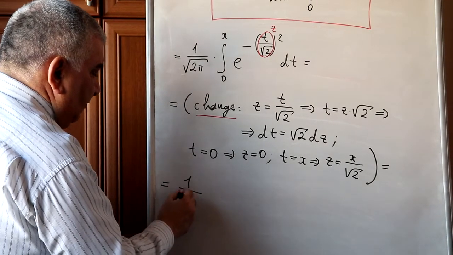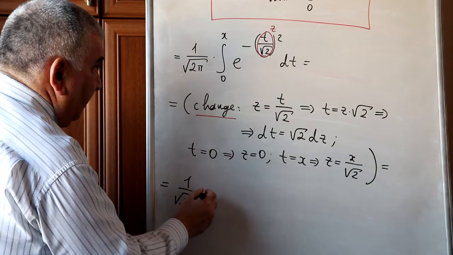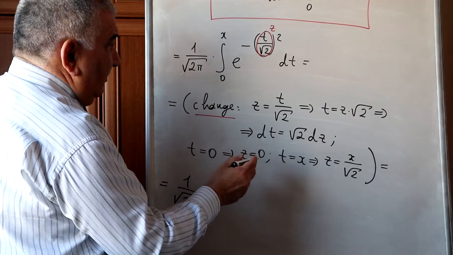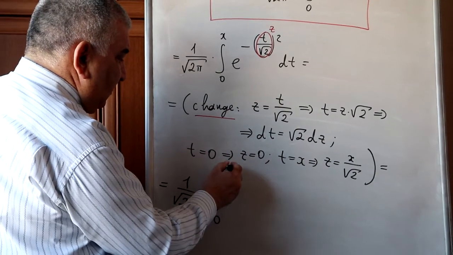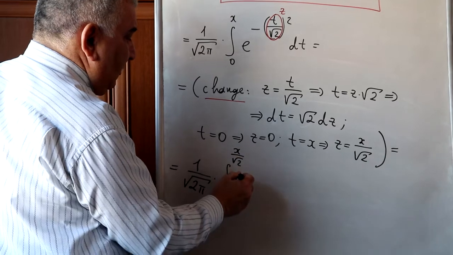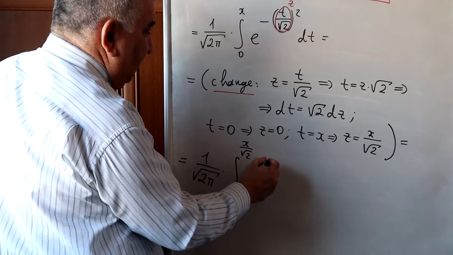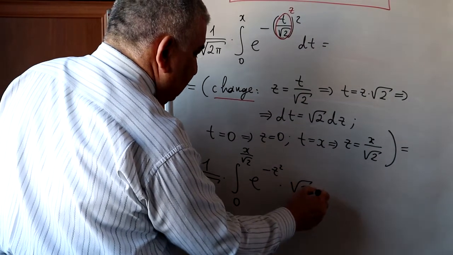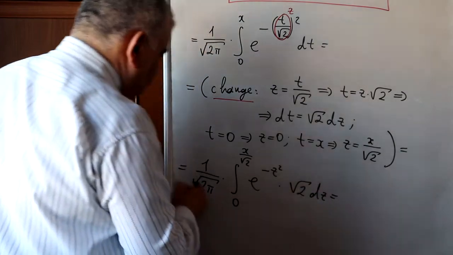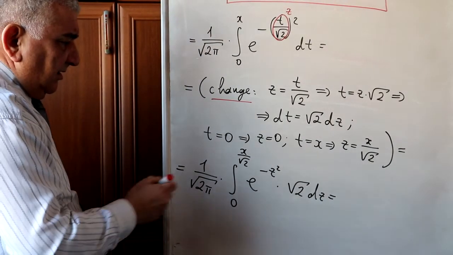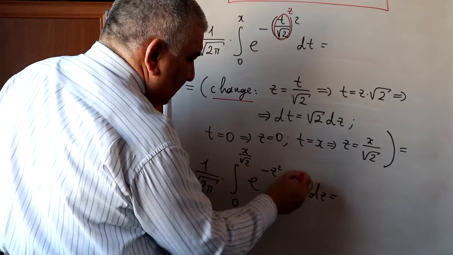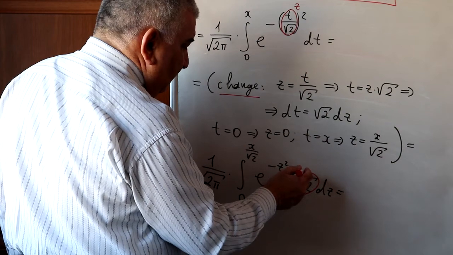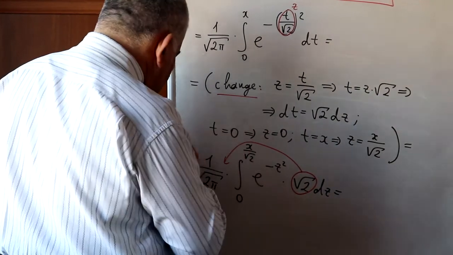1 over square root of 2 pi multiplied by integral from 0 to x over square root of 2 of e to minus z squared multiplied by square root of 2 dz equals. Then here square root of 2 is the constant factor which can be taken out of the integral symbol.